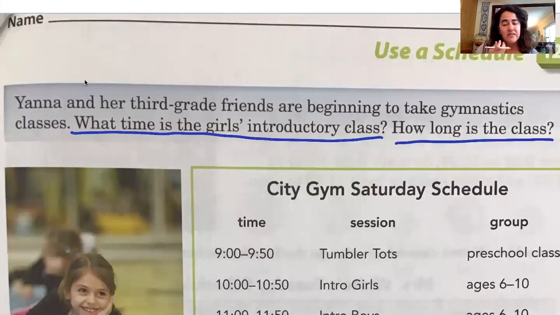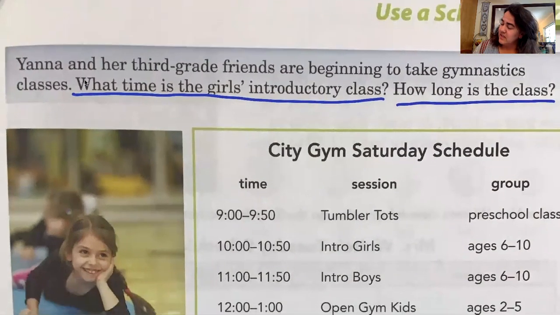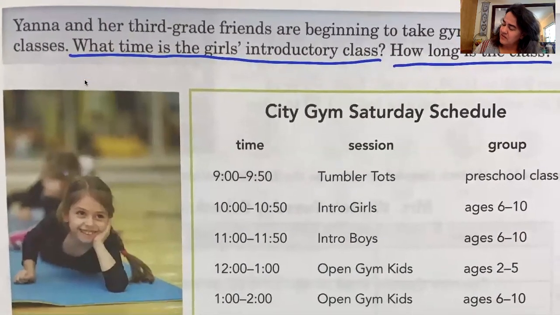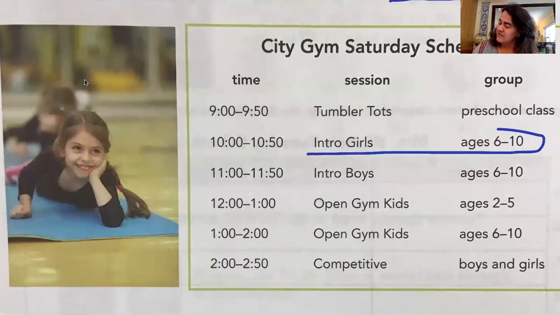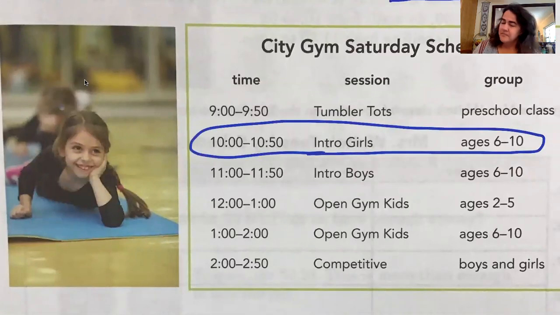Now, if we read their schedule, we have to find the girls' introductory class so we can figure out the answers. Here's the intro girls class. The questions we wanted to answer were, what time is the girls' introductory class? So what time does that class go from and to, boys and girls? From 10 to 10:50.